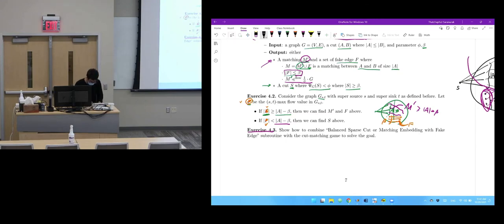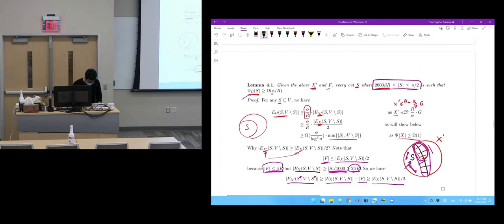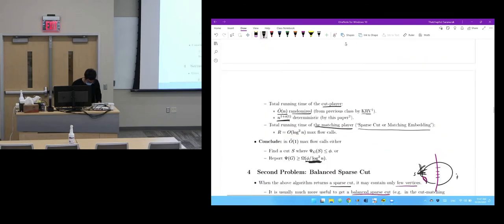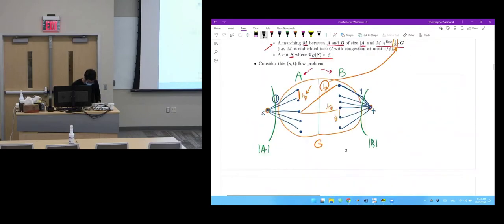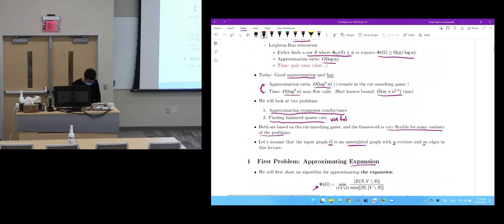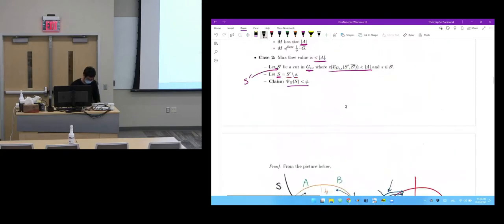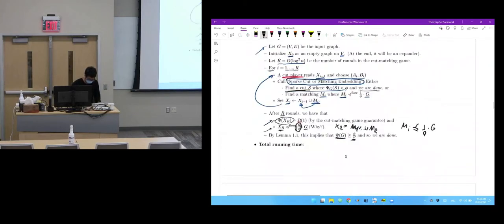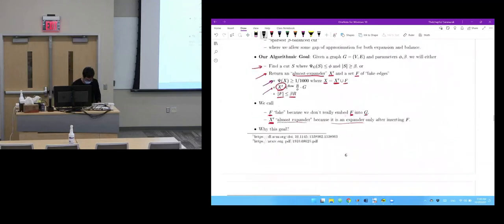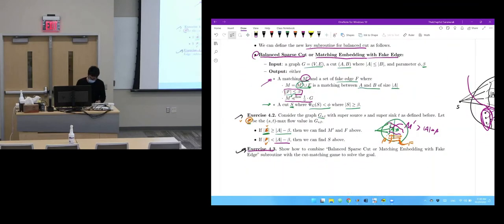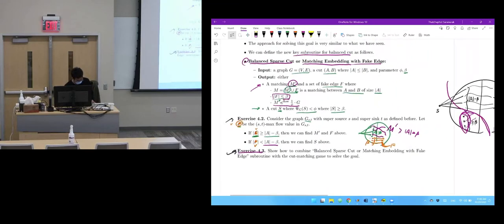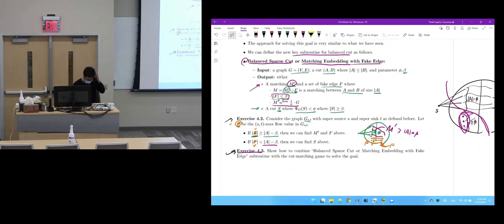Okay, there's this and this. So, about how to use the cut matching game to find a balanced sparse cut.